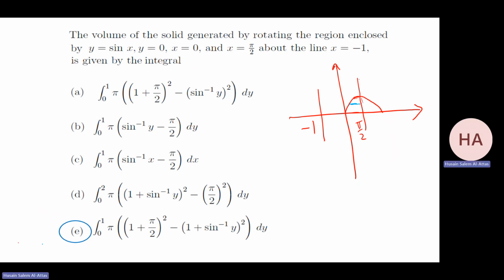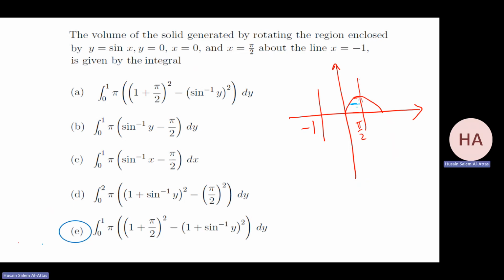Okay. So I have the outer radius, which is this. This one will be the outer radius, and this one will be the inner radius. No, wait a minute. I want the outer radius. The outer radius will be what?